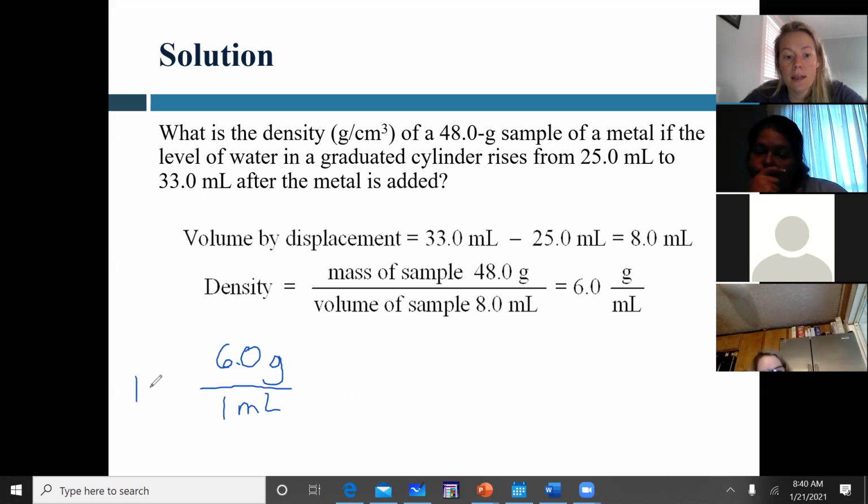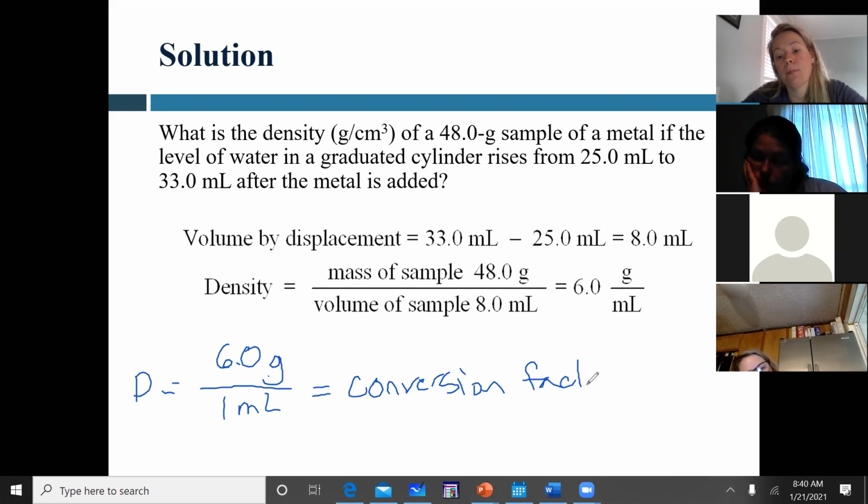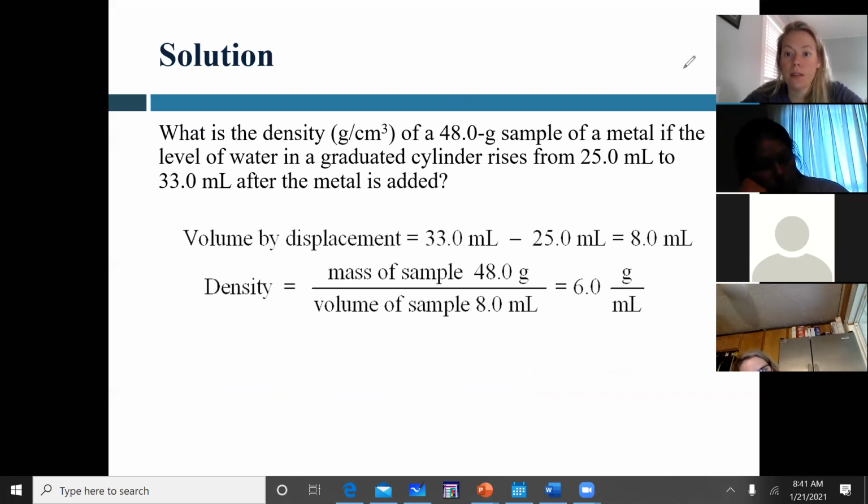So if this is density, well, density is a double unit, right? It's 1 unit over another unit. So this can be a conversion factor. I will teach you that way, and also just plugging and chugging it into the equation, which I actually find easier.